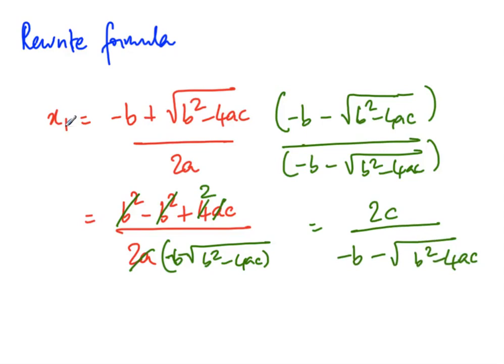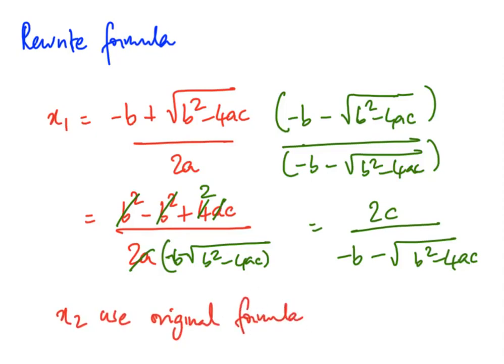Now what is the advantage here? Remember that x1 had a problem if b was positive. If b was positive, minus b plus this thing was a subtractive thing, but now it's minus b minus something, so it's become an additive thing. So I've eliminated the subtractive cancellation problem for x1, and for x2 I can use the original formula, because there is no subtraction.